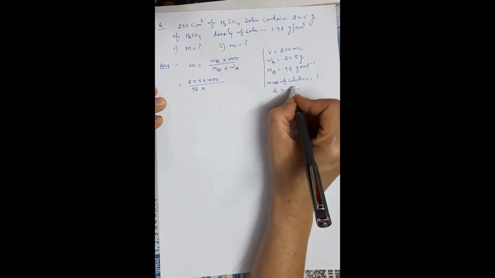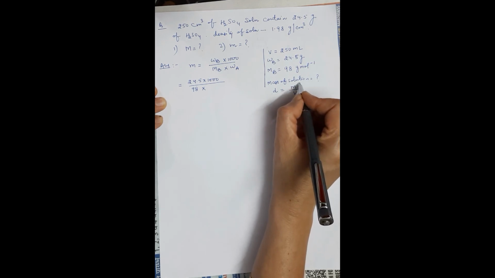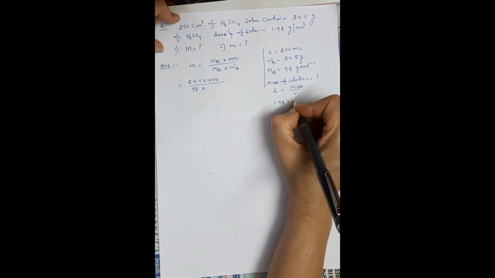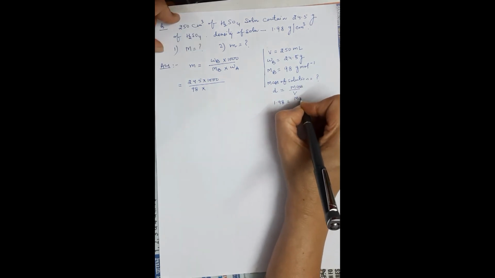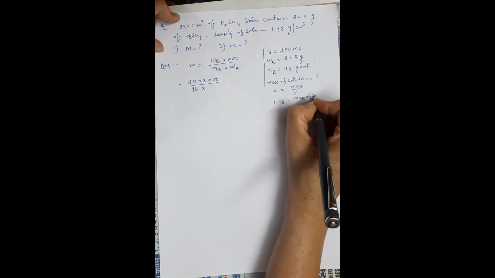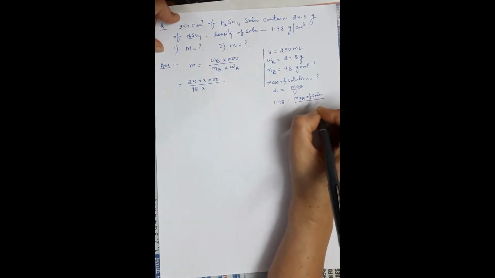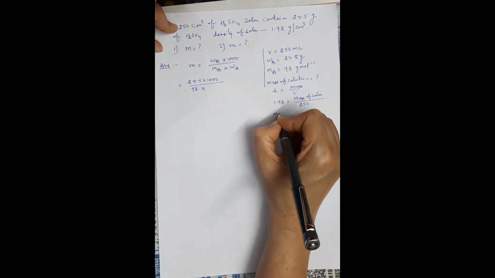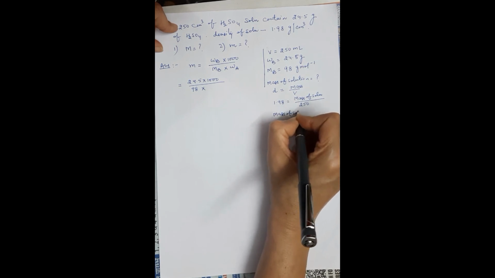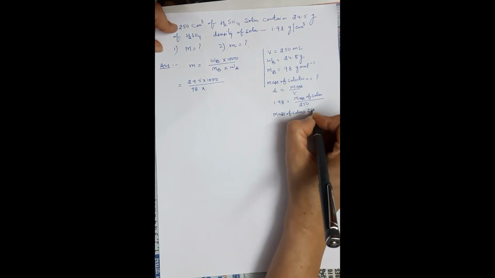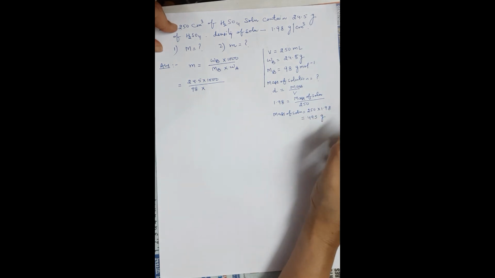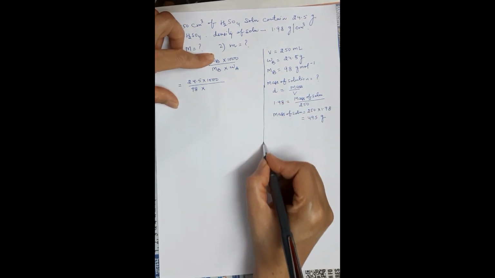And here in this case, all the three terms are meant for solution only. Density of solution is 1.98 grams. Mass of solution will find out. What is the volume of solution? Volume of solution is 250 ml. So mass of solution is 250 into 1.98. If you multiply, it comes out to be 495 grams. This is mass of solution.